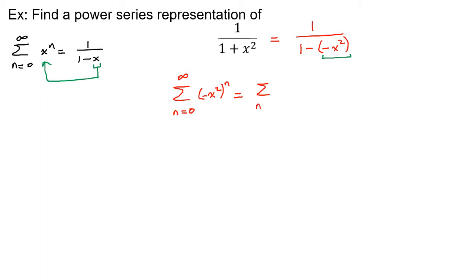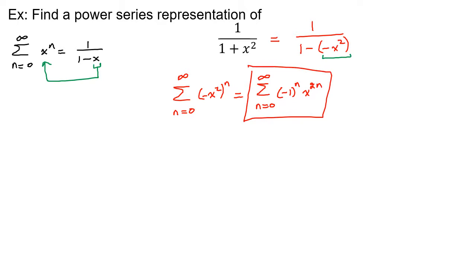Or if you want to make it look a little nicer or try to simplify it, it doesn't really matter. You could leave it just like that if you wanted to. But the negative to the n would be no different than negative 1 to the n. And then the x squared to the n would be x to the 2n. So you could rewrite it like that if you like. This would be your power series representation right here.